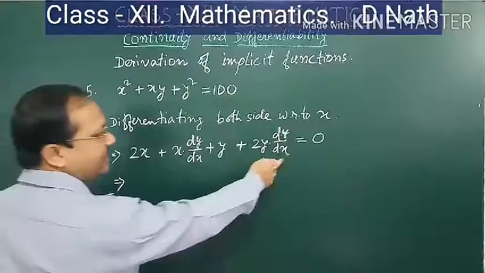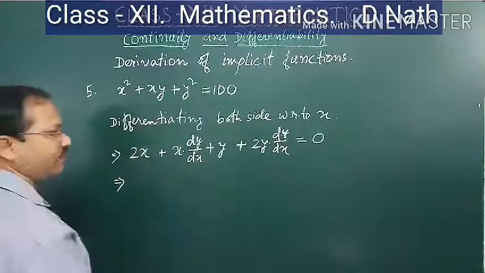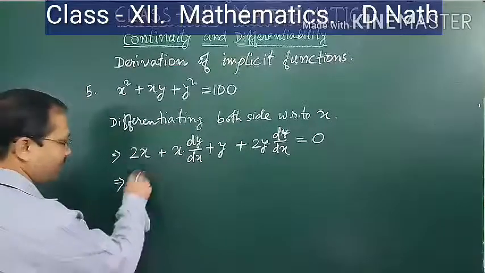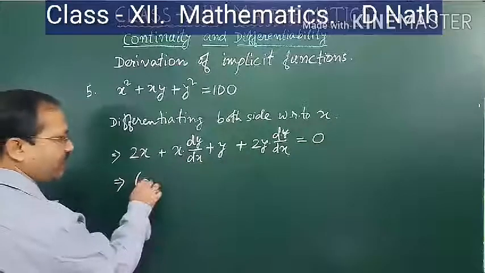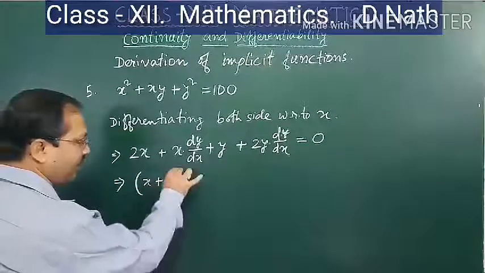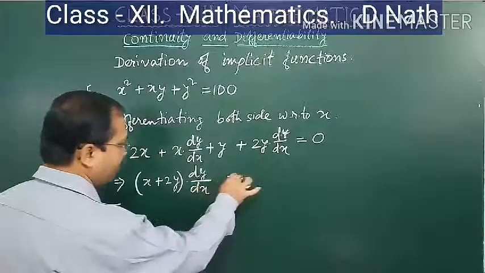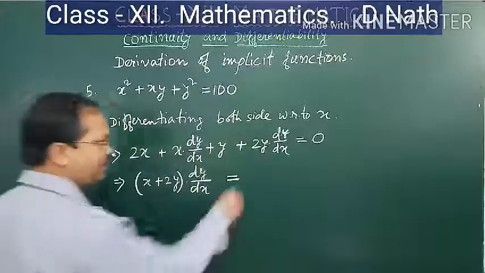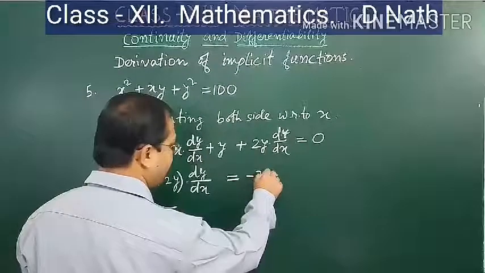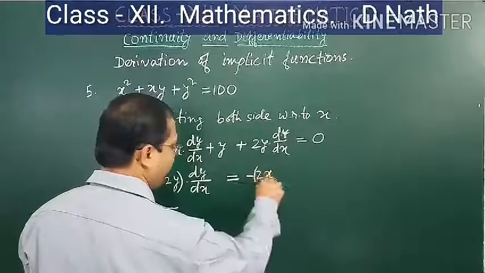So here 2 places are there with dy dx, so we will bring them together. So what will happen if we take both together? It is x plus 2y dy dx is equal to, we will shift this to the other side, so it is minus 2x plus y.